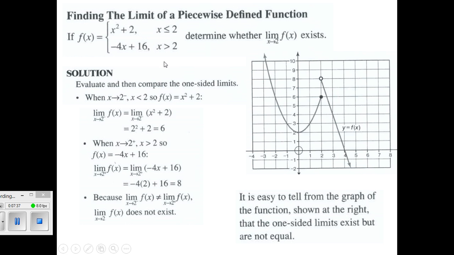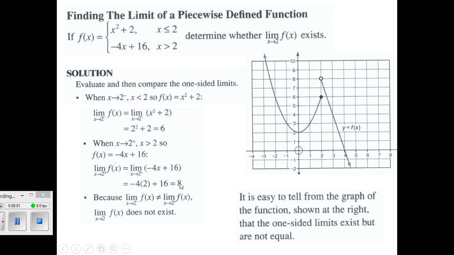Now, let's take a look at the right-hand limit. The right-hand limit would be evaluating for values slightly greater than 2, which would imply the bottom portion of this piecewise function. Again, which should be an easy substitution. Evaluating at 2, we plug in the value of 2, we get 8.